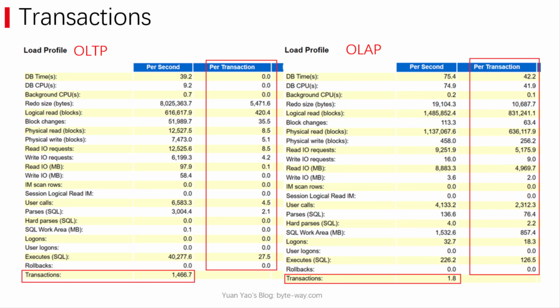OLTP applications handle a much higher number of transactions per second, but each one is usually small and simple. In contrast, OLAP applications deal with far fewer transactions, yet each one is much larger and more complex. That's why, on a per transaction basis, OLAP tends to be heavier in resource usage, reflecting the complexity of analytical queries.